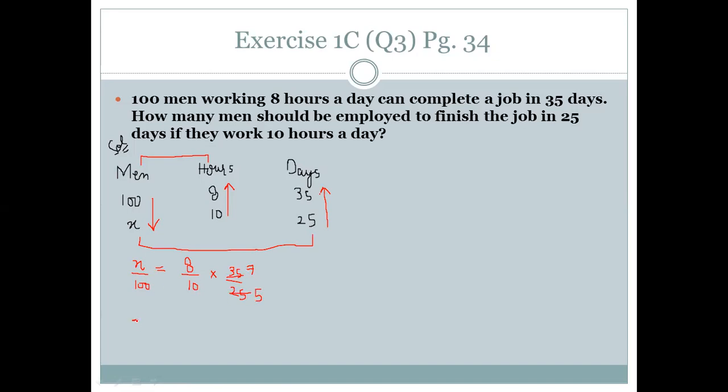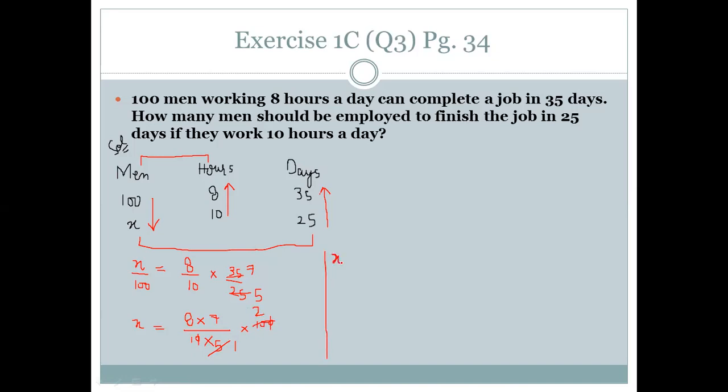All right, x is equal to 8 into 7, upon 10 into 5, multiplied by 100. This 0 would be cancelled out. 5 ones are 5, 5 twos are 10.